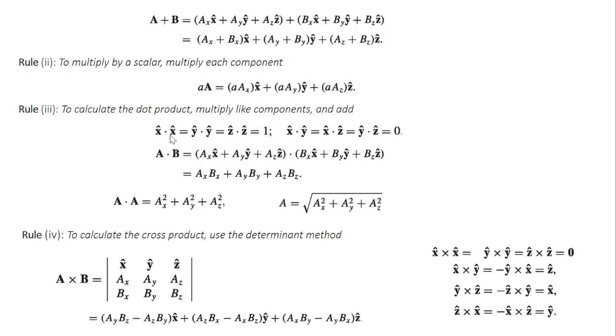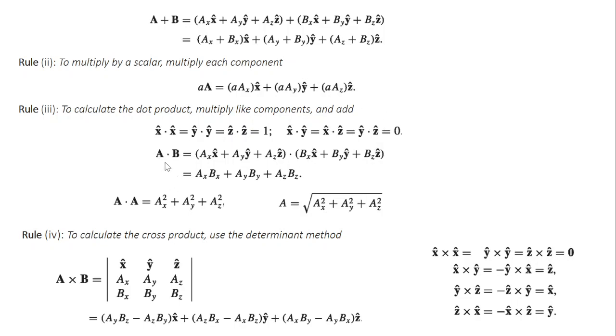So x cap dot x cap is the same as y cap dot y cap equal to z cap dot z cap equal to 1. Since x, y and z are perpendicular to each other, x cap dot y cap equal to x cap dot z cap equal to y cap dot z cap equal to 0. So this follows from the definition of the dot product.